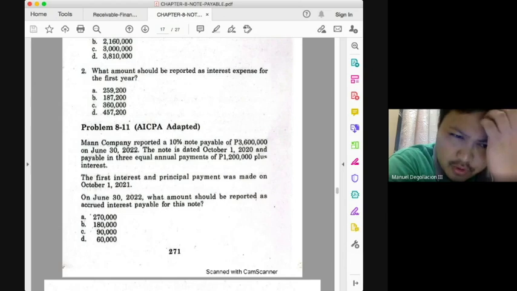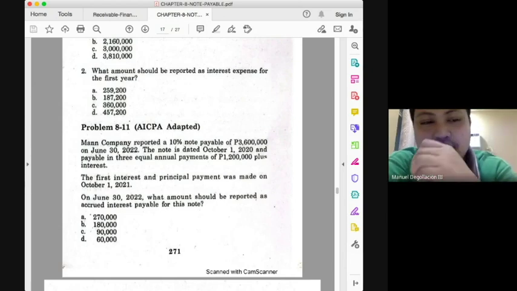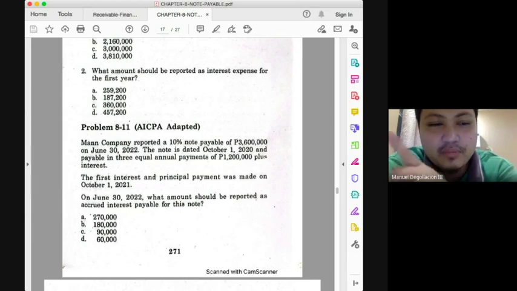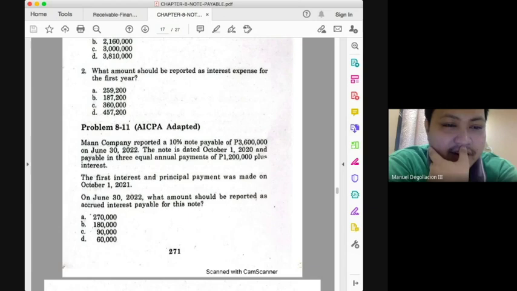So the amount of interest that has accrued and remains payable as of June 30 would be the interest earned from October 1, 2021 up to June 30, 2022. I've discussed earlier that the amount of interest that will be earned from October 1, 2021 to October 1, 2022 will be 240,000.